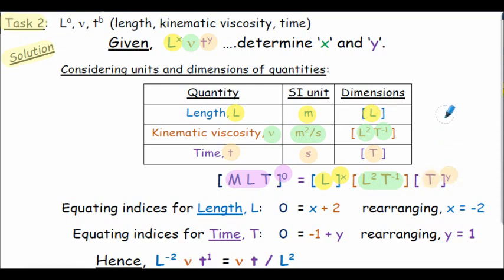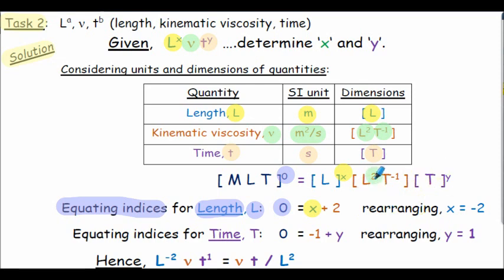So we can generate equations again based on L and T, cannot use m of course because m only occurs once. So equating indices firstly for the length dimension L. On the left hand side we have L to the power of 0 from the third law of indices, so 0 here. On the right hand side we have L to the power of x, so x into my equation on the right hand side.